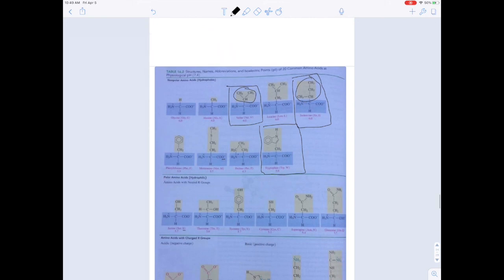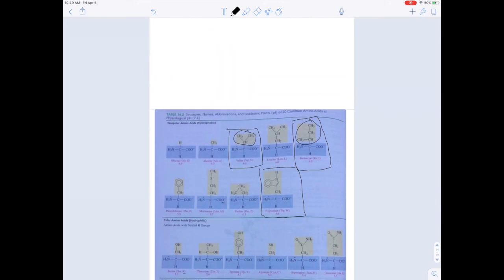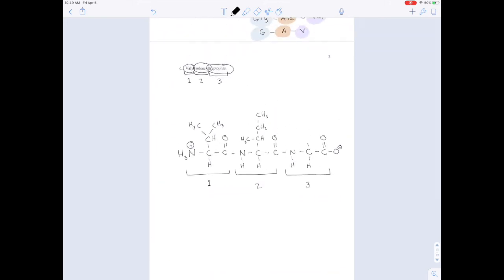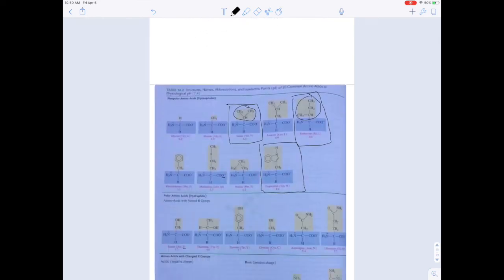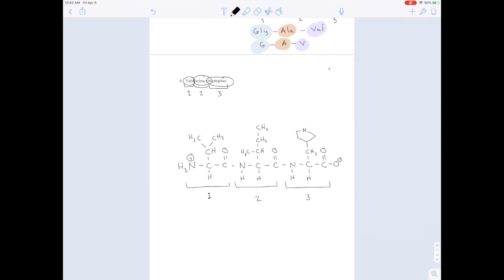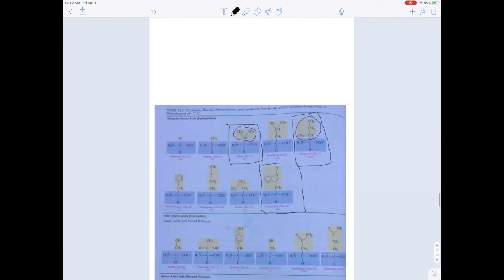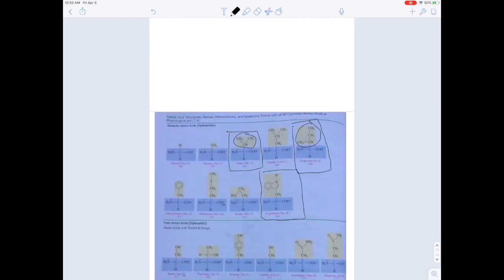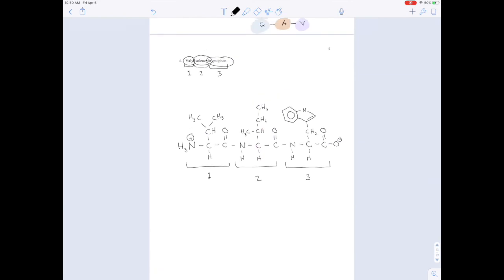It's this right here. It has that CH2, a 5-membered ring with a nitrogen on the top, and then a 6-membered ring, a benzene ring, so a circle on the side, has a double bond there, and then above the nitrogen you just have that one hydrogen.